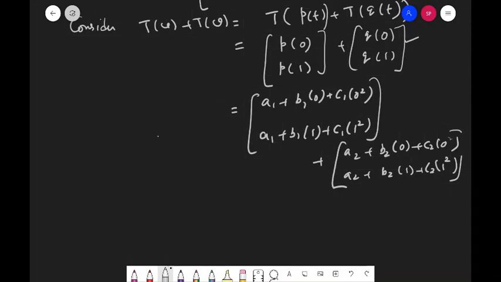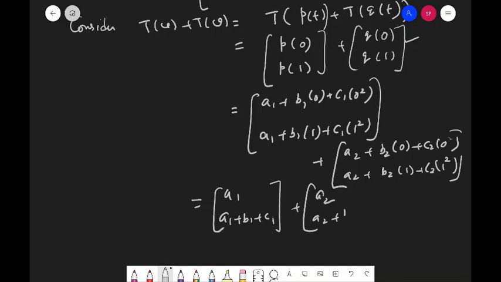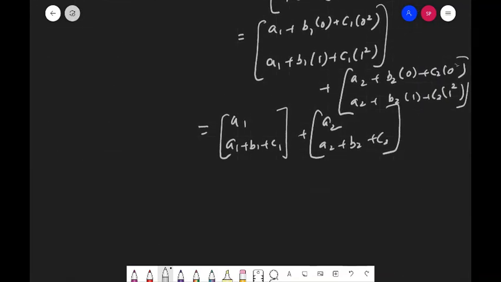This is equal to, here you have A1, here you have A1 plus B1 plus C1, plus here you have A2 and A2 plus B2 plus C2, which is nothing but A1 plus A2, A1 plus A2 plus B1 plus B2 plus C1 plus C2.